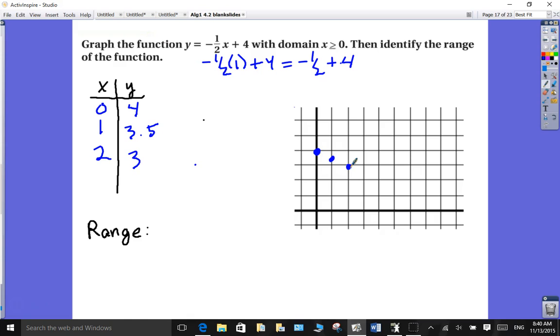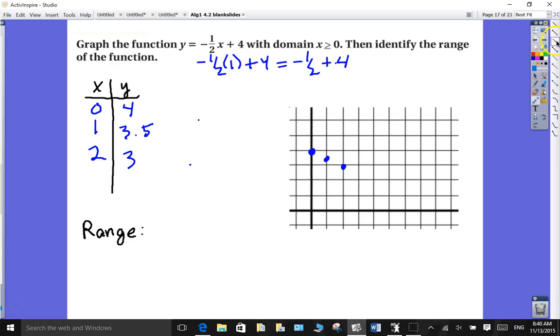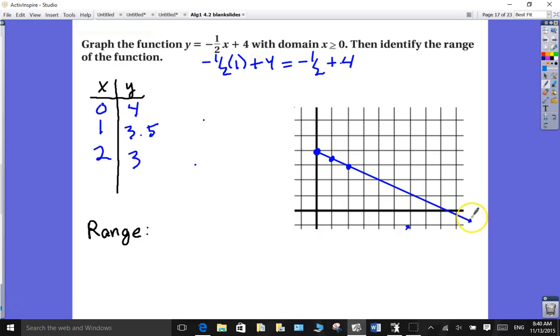We're going to connect them with a line, right? But that line, we know where it starts. It starts here, but it goes infinitely down like this. And that probably doesn't do it justice, but it does have an arrow right there that goes infinitely down. So how can we describe the range, the set of y values? We know that x values are x greater than or equal to 0, because it's to the right only.